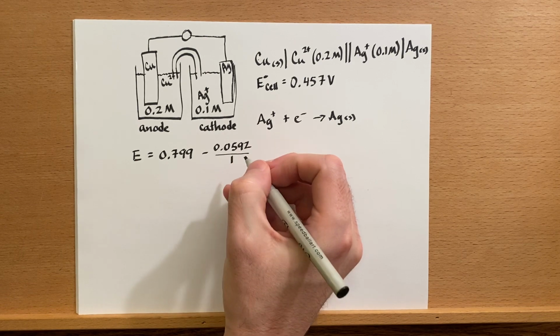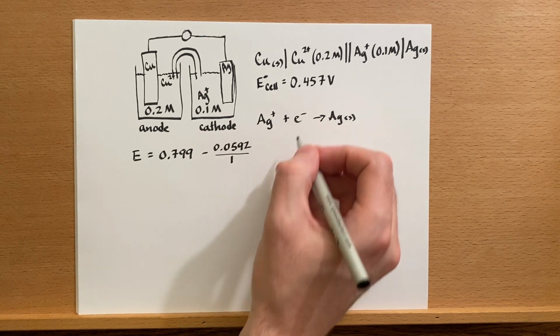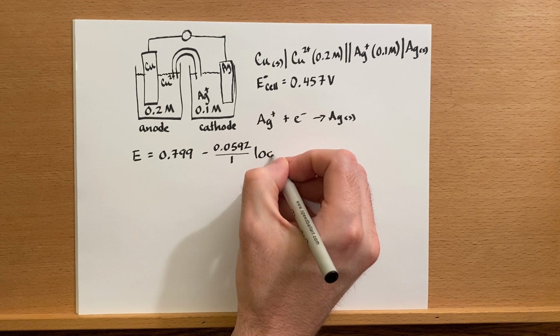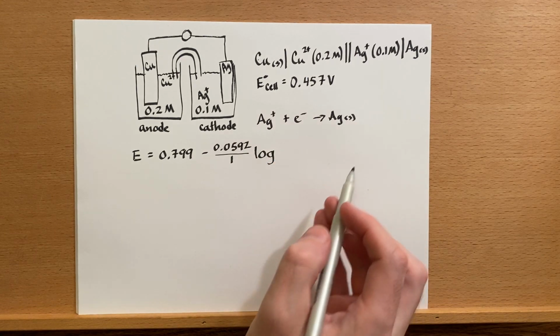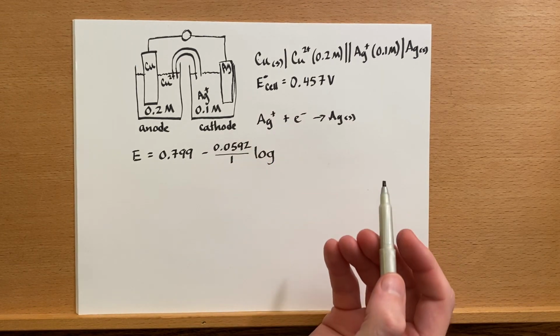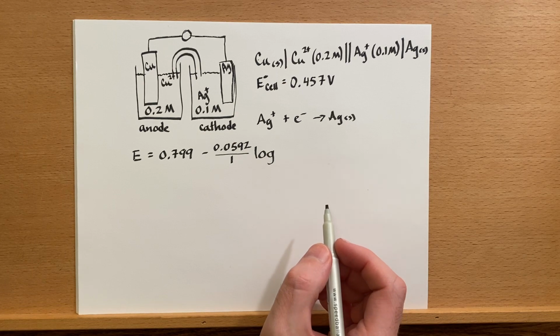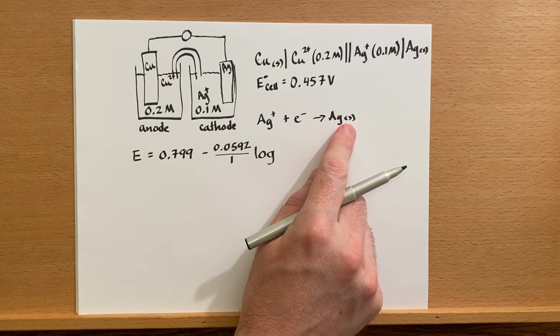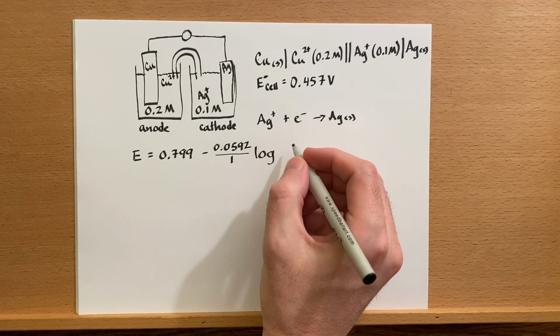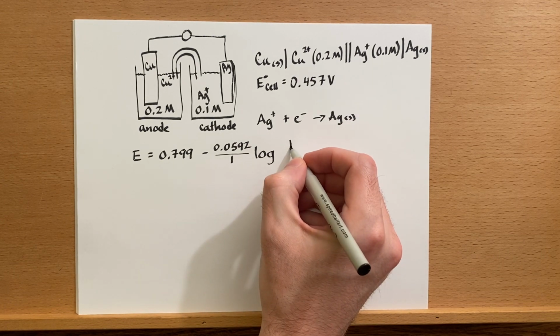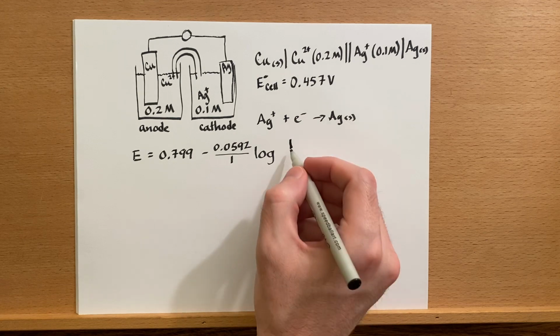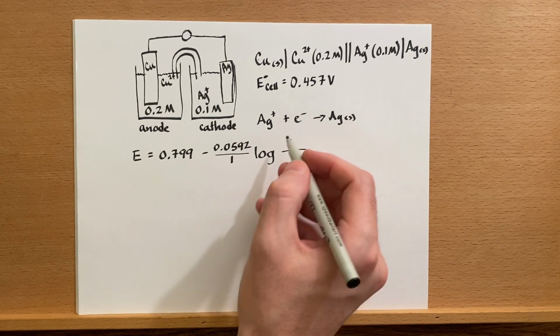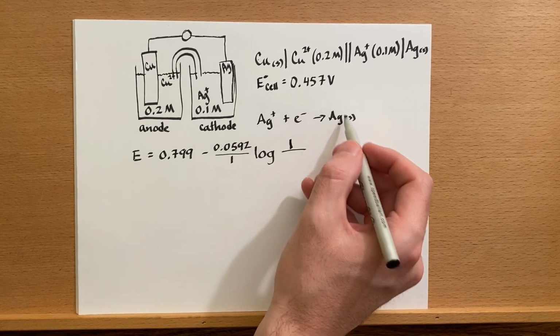So this is over 1 electron transferred times the log of Q. Now, we just need to write the equilibrium constant expression for this reaction. Solids don't go in, and it's a product. So I'm just going to put a 1 up here because I do have to have a placeholder for that. So this will just be 1.